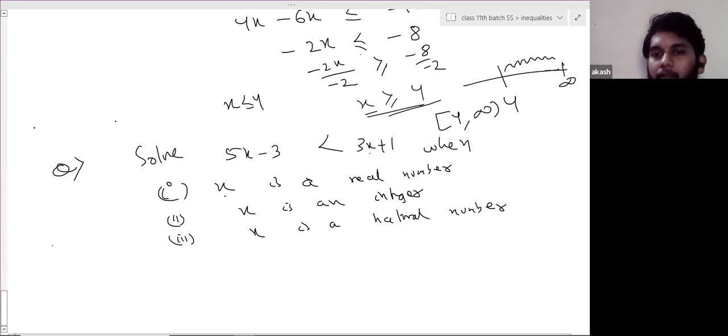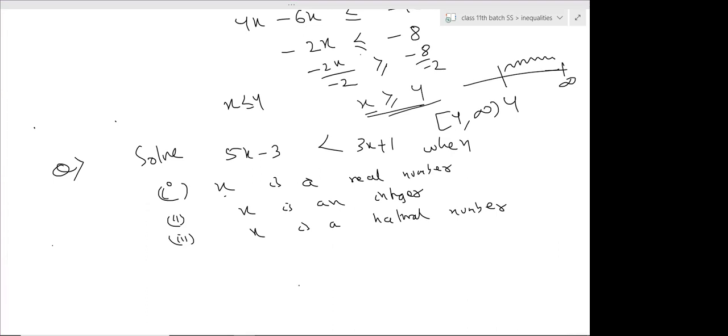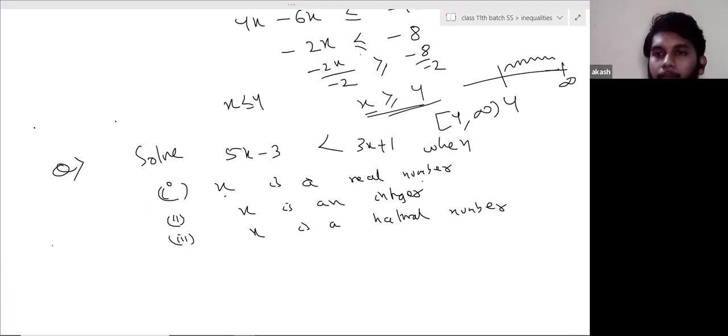We can write in interval form. But if x is an integer, then we cannot use intervals.